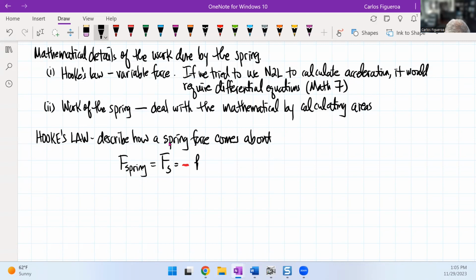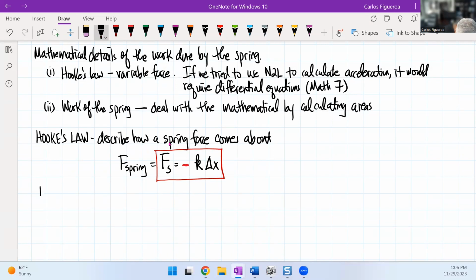It has a term called K, which is called the spring constant, and the change in displacement. So this right here is Hooke's law. Now, once again, this force is not constant.